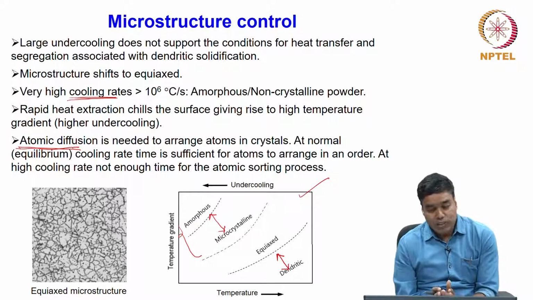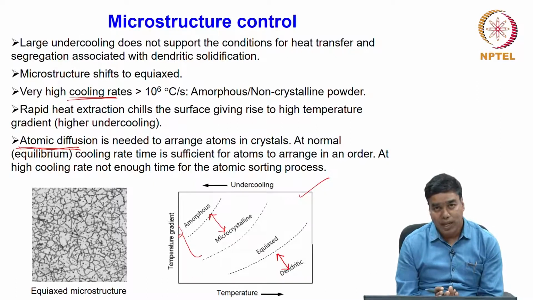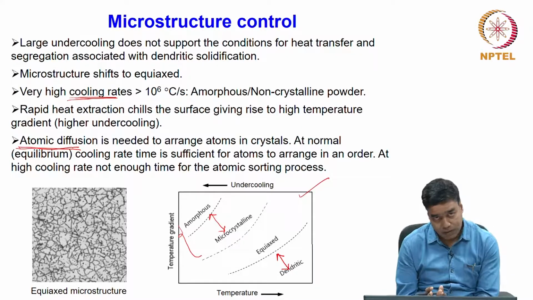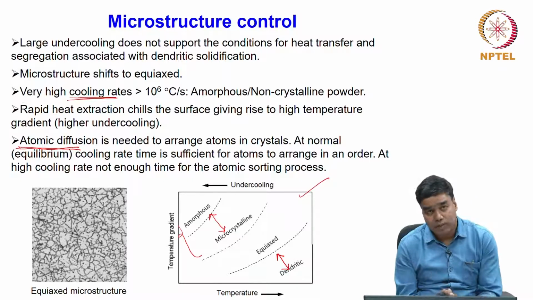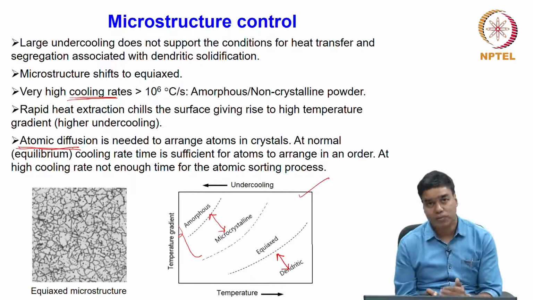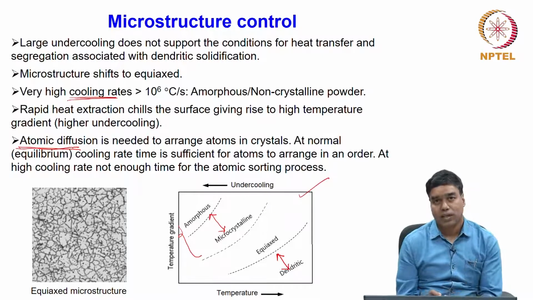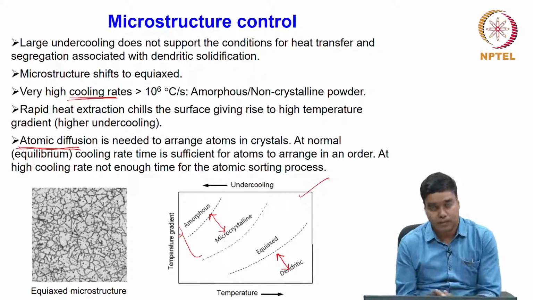So, that also means that the cooling rate has to be very high for that to occur, right, because when the cooling rate is high, it is cooling very fast from the liquid to the solid phase, and as a result, during that transformation from the liquid to the solid, the atoms do not get enough time to get arranged in a particular pattern. Okay.